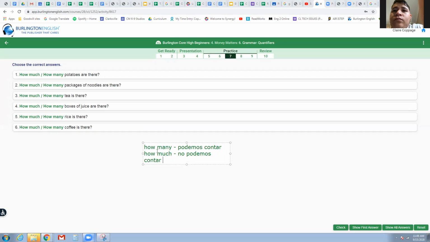And remember that how many and how much in español is cuánto, or cuántos. Actually, I think I see here would be cuántos or cuántas, and then cuánto would actually be how much.